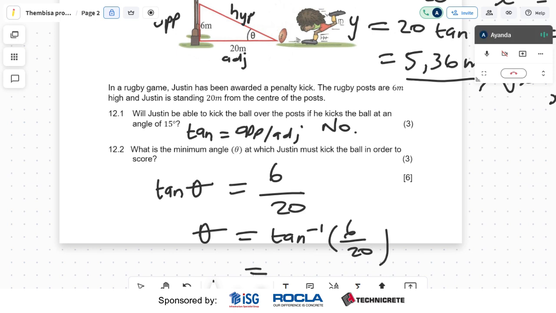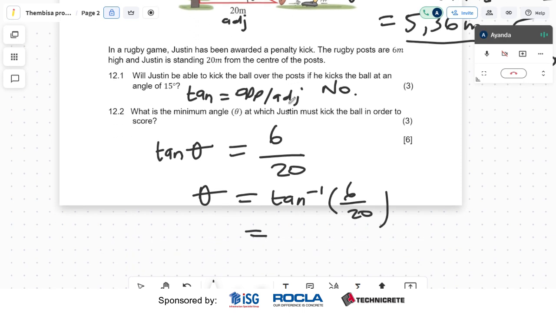So shift tan of 6 over 20 gives us 16.70 degrees. So Justin must kick at an angle of 16.70 or greater than that in order to score.